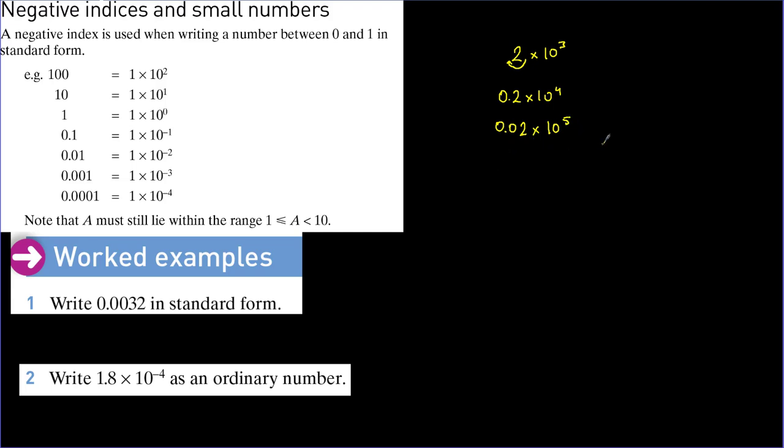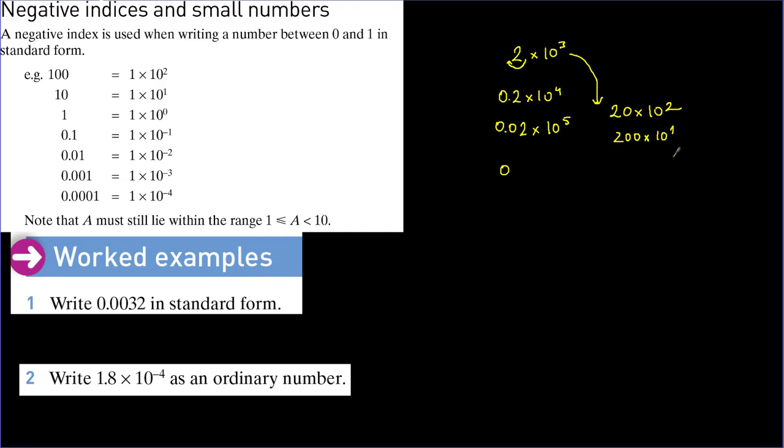When I'm moving to the right side, I'm decreasing the power, which means that if I take, let's say, 20 times 10 to the power of 2, I move the decimal point to the other side, which becomes 200, and I decrease the power. So 200 times 10 to the power of 1.